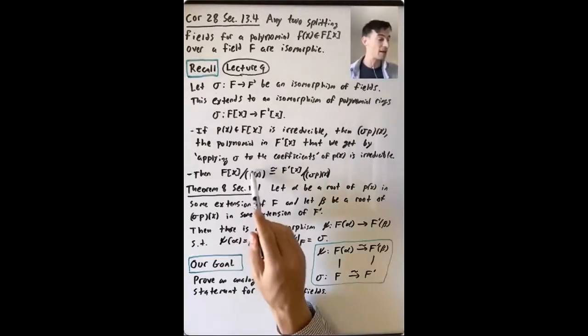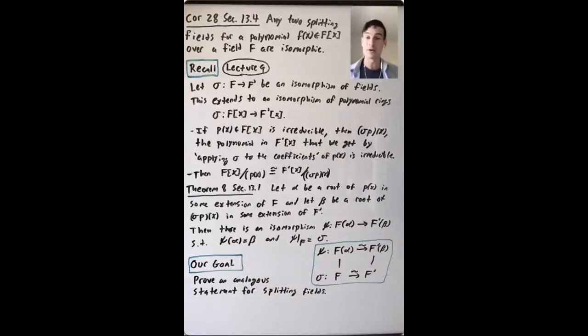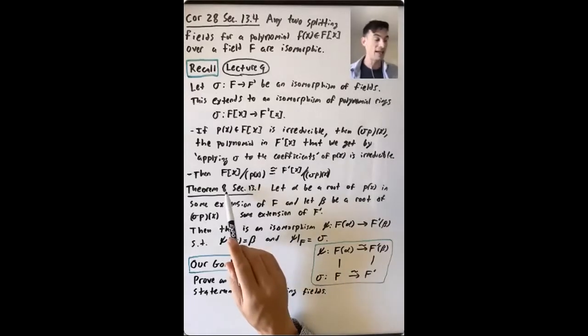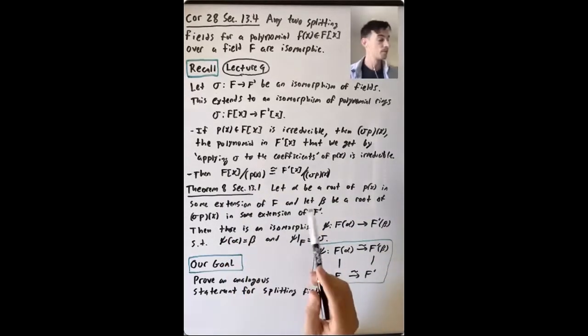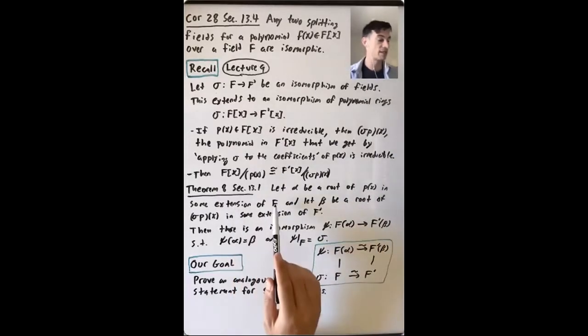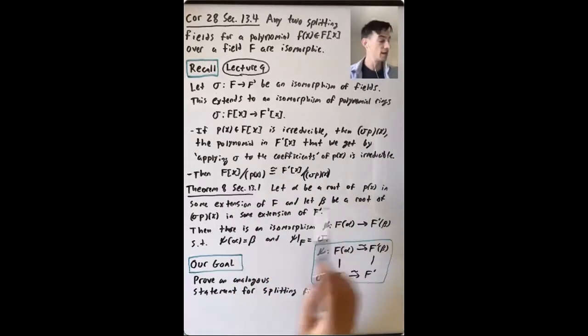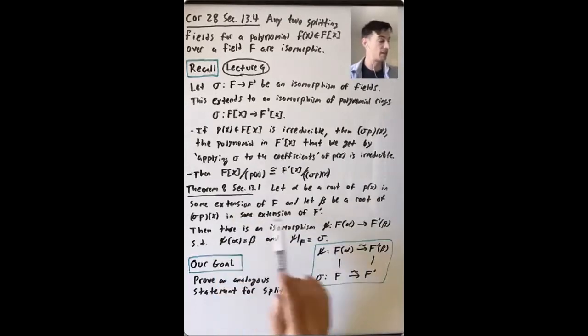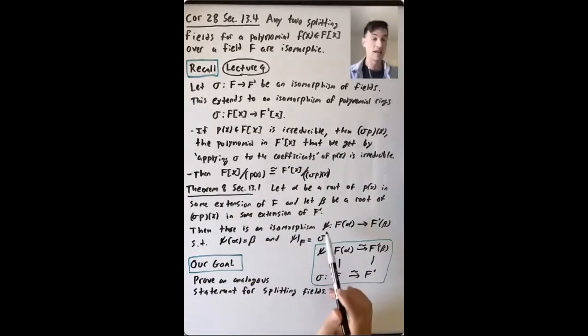We used this observation and an earlier result to prove theorem 8 in section 13.1, which said that if alpha is a root of p of x in some extension of F, and beta is a root of sigma of p of x in some extension of F', then there is an isomorphism from F adjoin alpha to F' adjoin beta that sends alpha to beta.